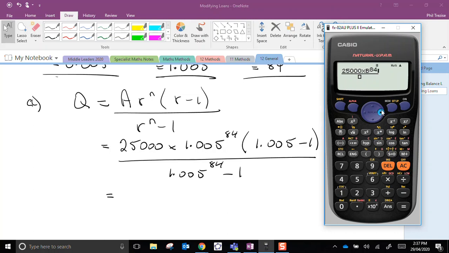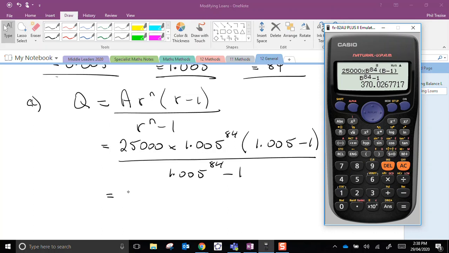That's to the power of 84. Now I need a bracket. That's letter B again, minus 1. Close off the brackets. Now I have letter B again. You can see how quick this is compared to retyping, to the power 84 minus 1. Now fingers crossed, there's our answer.